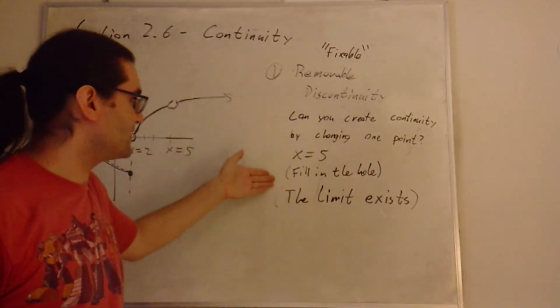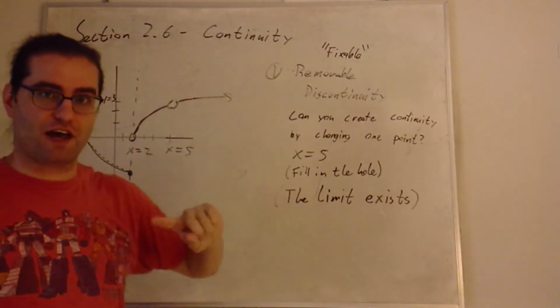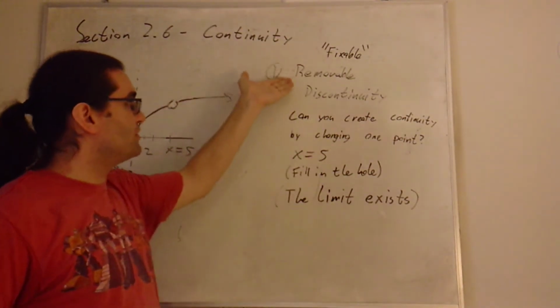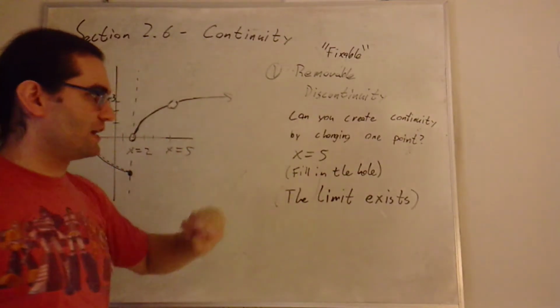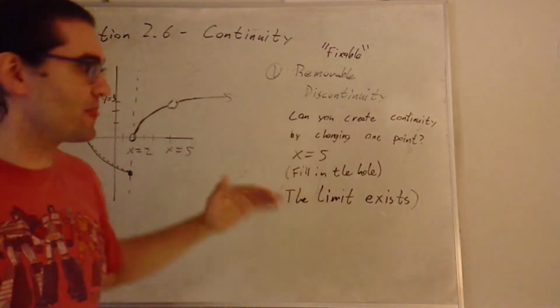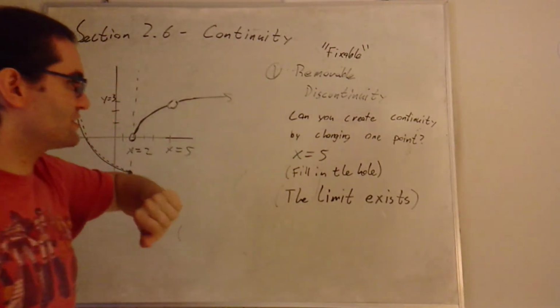That's what it means to fix this. You set the function value equal to the limit value, and then the discontinuity is removed, the function is connected. All that really requires is for the limit to exist. That's really what a removable discontinuity means.